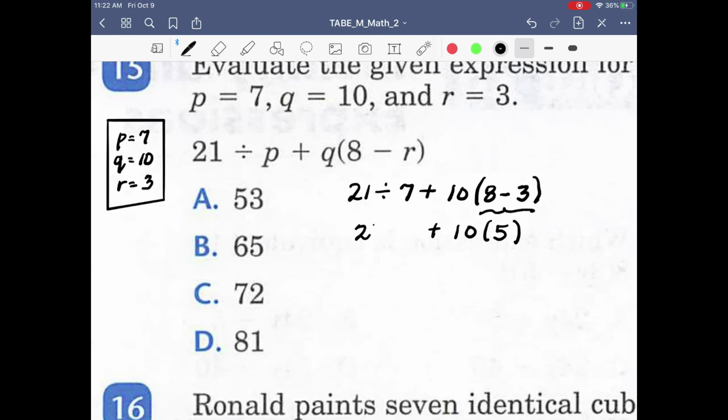Then we have to do divide. There are no exponents, so we do divide and multiply all in one sweep. There's a 3 and there's a 50. And finally, adding and subtracting, the addition leaves me with 53. So A is the answer to number 15.